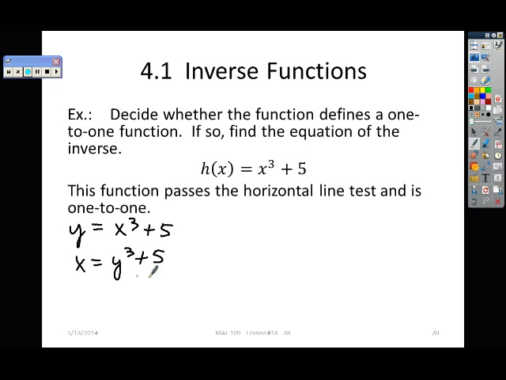So subtract 5. Take the cube root of both sides. And I get y equals the cube root of x minus 5.